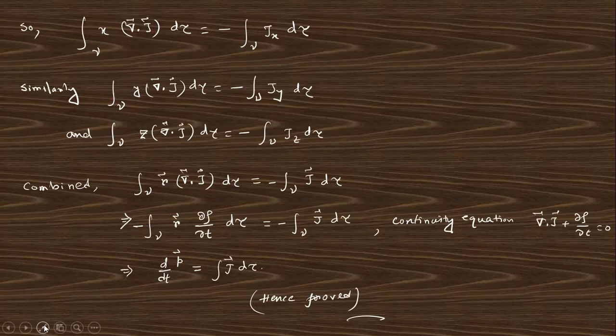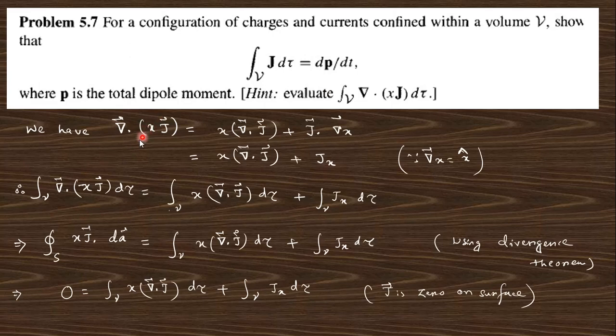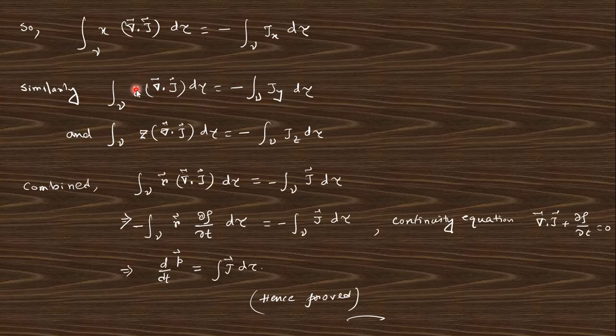Similarly, if we take y in place of x, we get that one, and we get that one for z. So for the product with i cap, j cap and k cap, and then added, you will get this expression on the left hand side, and on the right hand side i cap Jx, j cap Jy, and k cap Jz. This is the J vector, that is the current density vector.